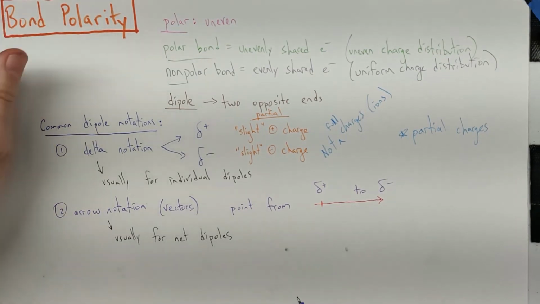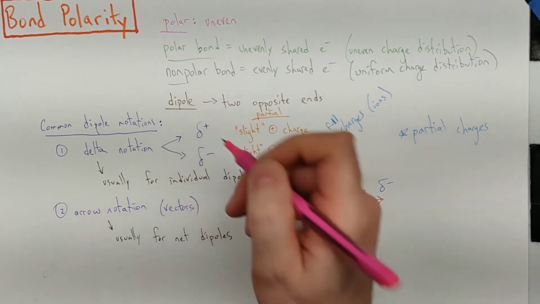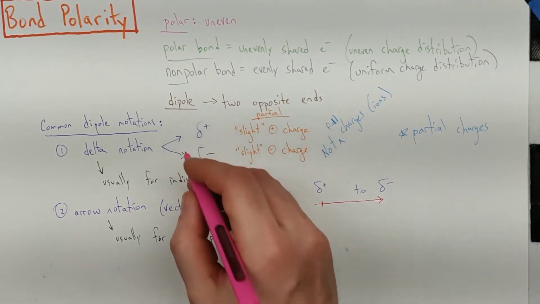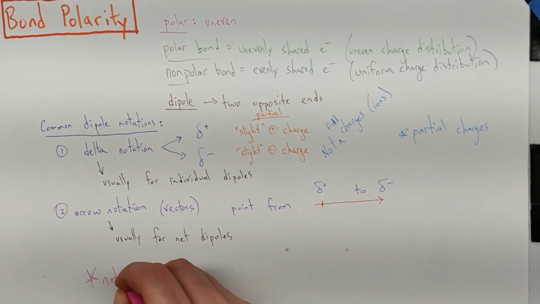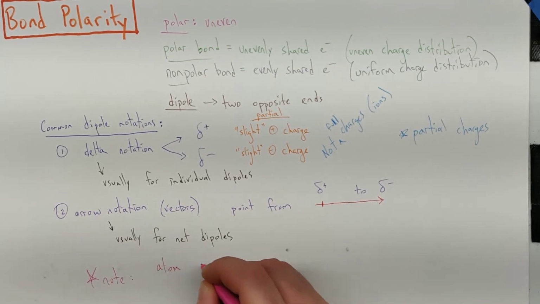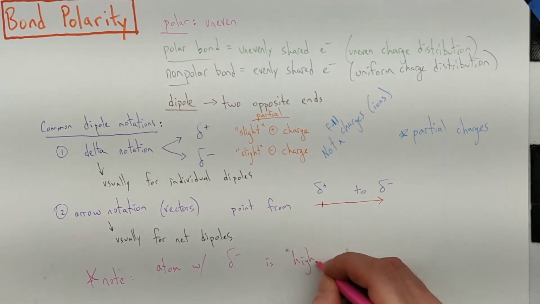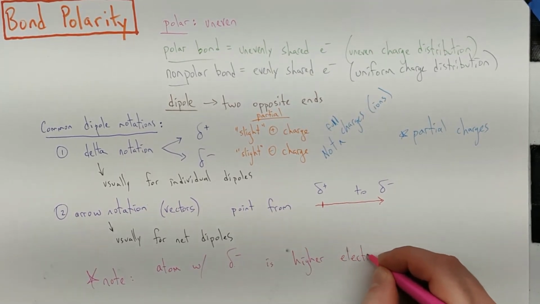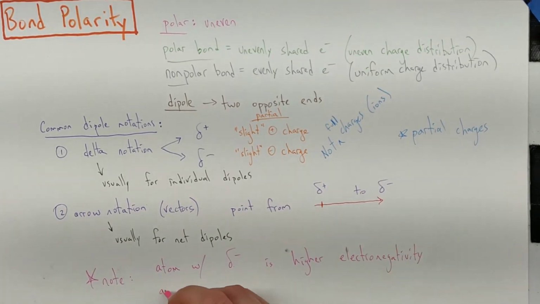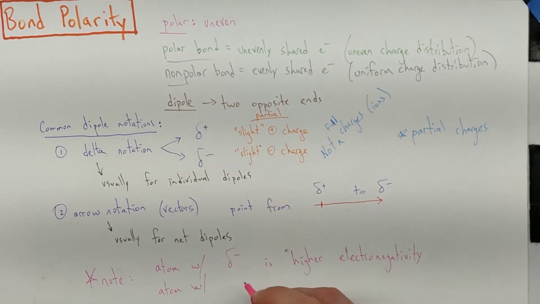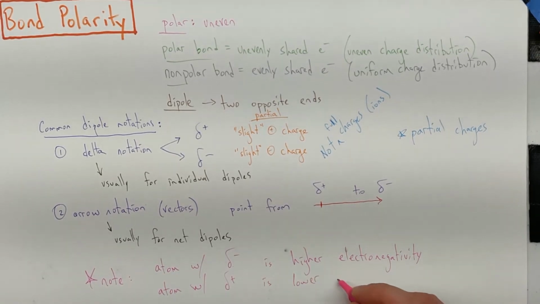The atom with the higher electronegativity is better at attracting electrons, and it will get the slight negative, whereas the atom with the slightly positive charge is the one with the lower electronegativity.